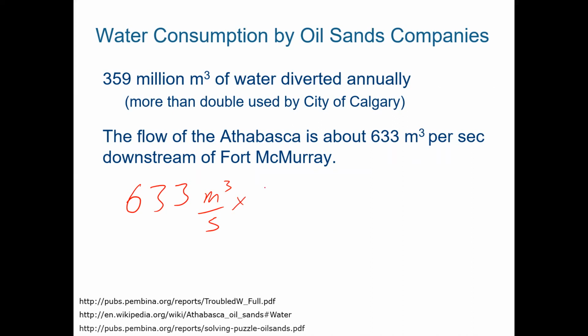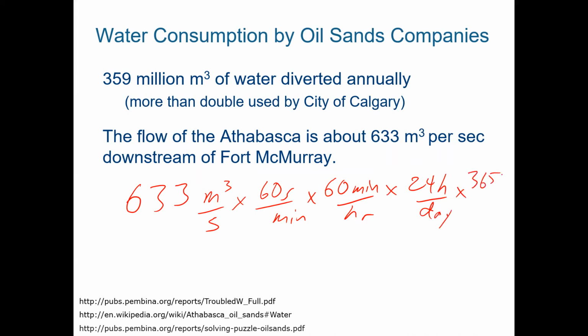So we're going to multiply that by 60 seconds per minute, times 60 minutes per hour, times 24 hours per day, times 365 days per year. If I punch that into my calculator, I get 2 times 10 to the 10 cubic meters per year.